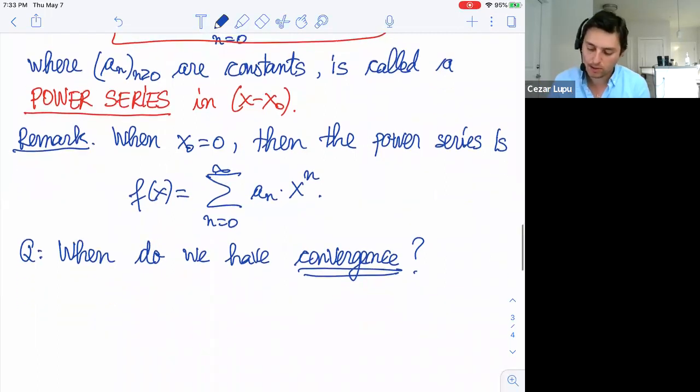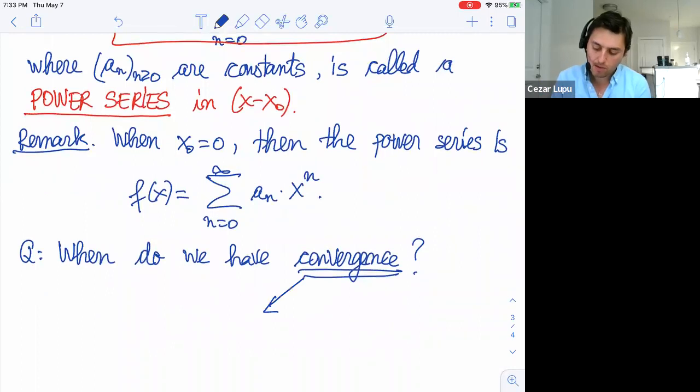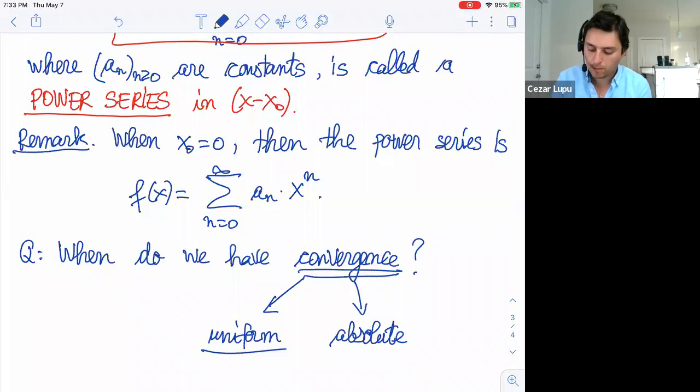So when I talk about convergence here, what about uniform or absolute convergence? Or maybe, who knows, maybe they are the same. We'll see. Okay, so that is the question I want to answer.